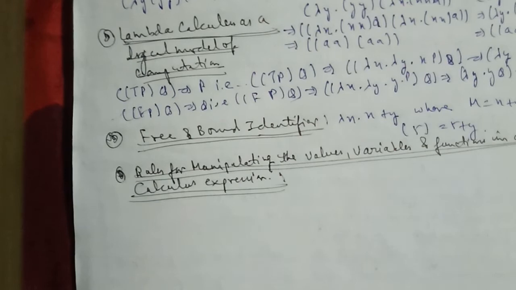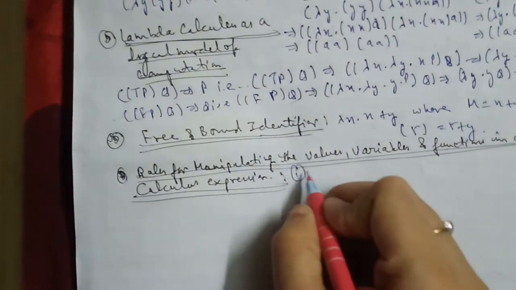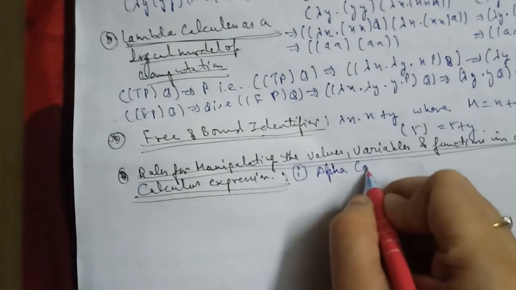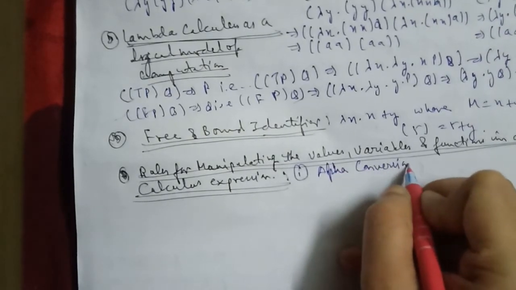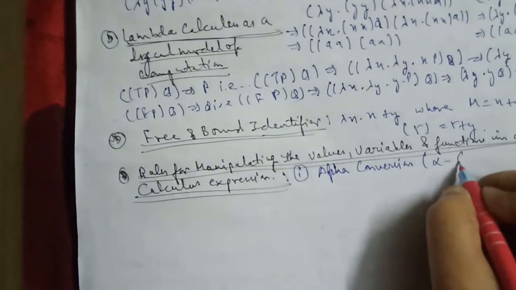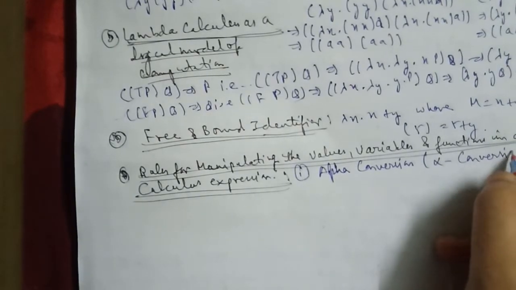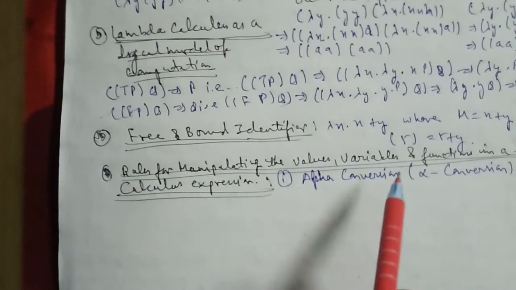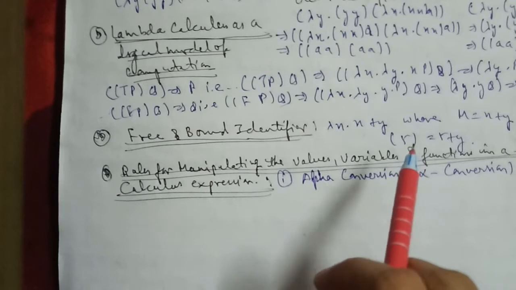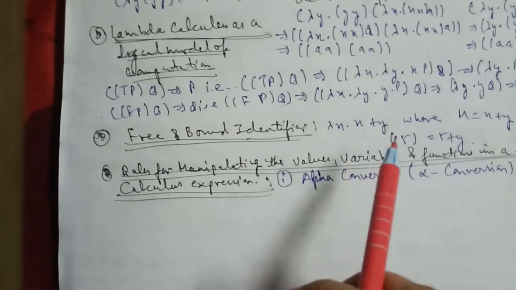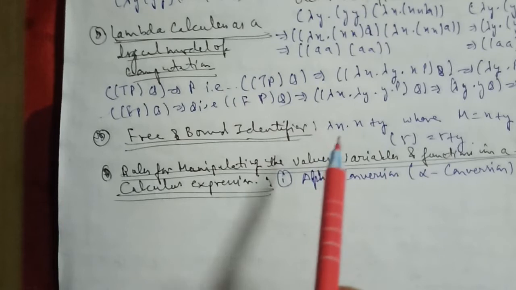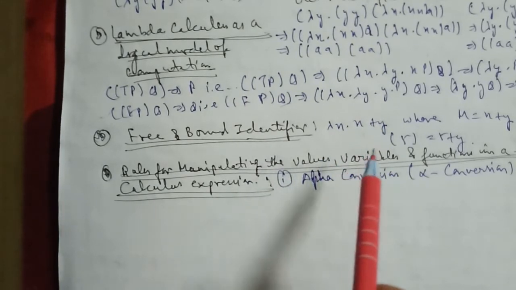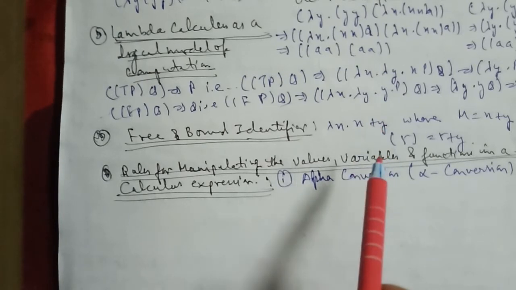which is your alpha conversion here. In the alpha conversion, we'll talk about it, and that is in this that it refers to the renaming of the bound variables, and this rule allows the user to change a bound variable as long as the new name cannot conflict with any other identifier name in an expression.